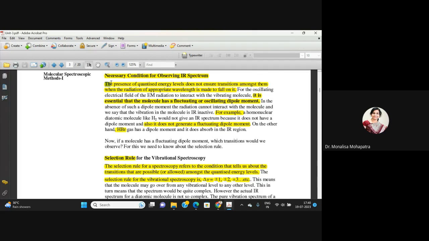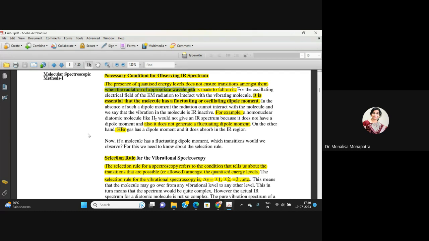So the presence of quantized energy levels doesn't ensure a transition amongst them when radiation of appropriate wavelength falls on it. As I was telling you, every radiation will not bring about IR spectroscopy in a molecule, or you cannot study that molecule through IR or UV-visible.